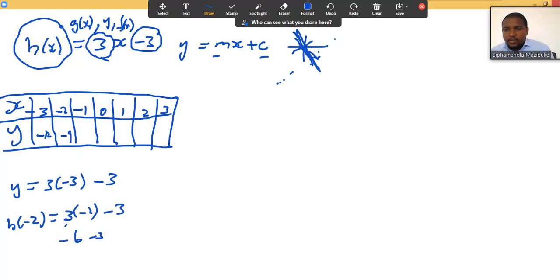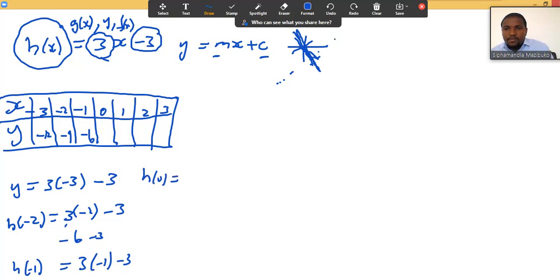And what else can I see? h at minus 1 is 3 times minus 1 minus 3, so this is minus 6. Okay, you can see the pattern already coming out. So let's look at h at 0.